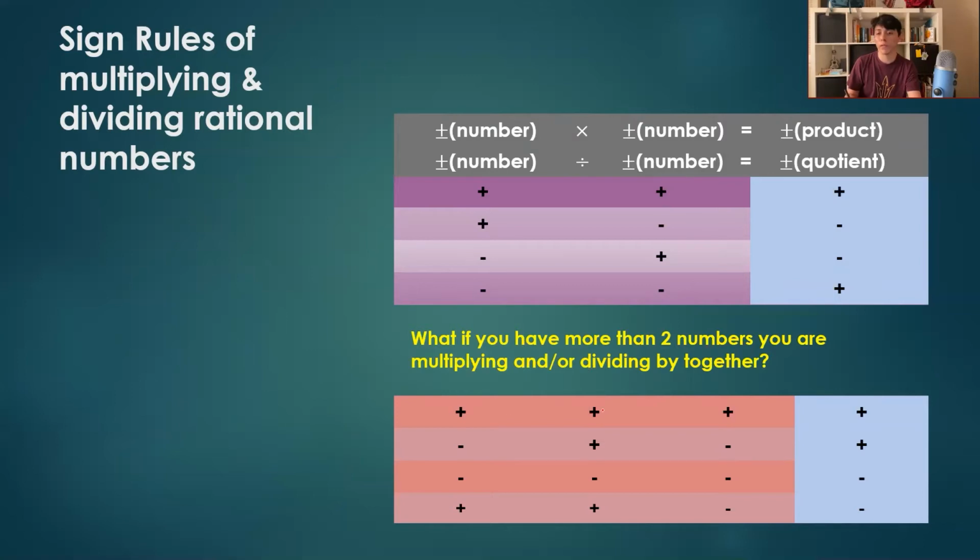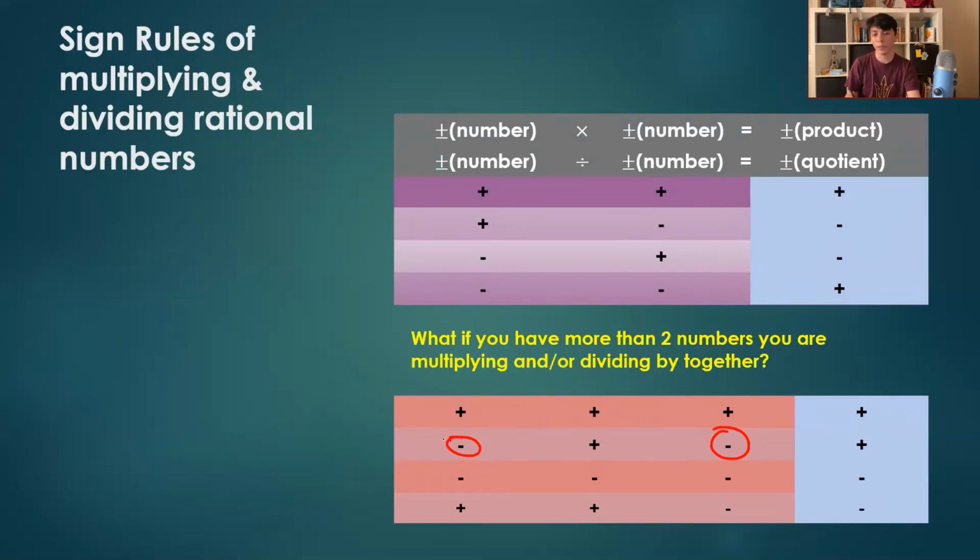So if you have no negatives in your equation, you get a positive number. You also get a positive number if you have an even amount of negatives in your equation.